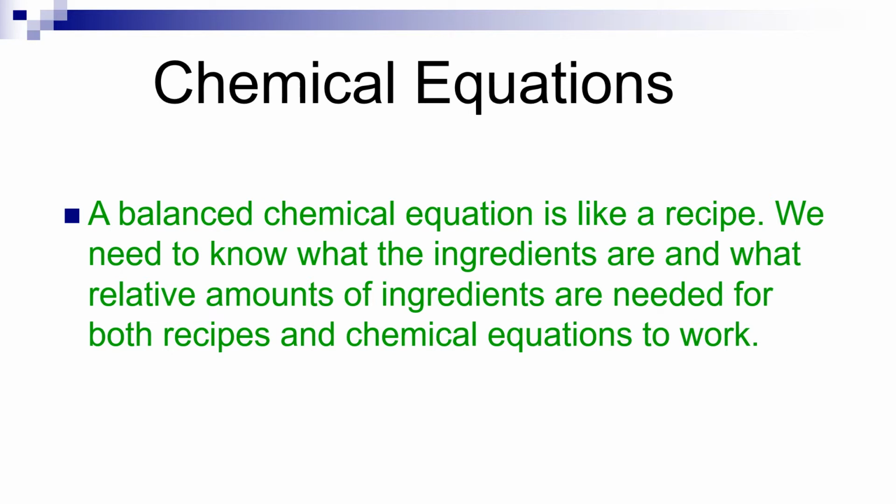So we know that a balanced chemical equation is like a recipe. We need to know what the ingredients are and what relative amounts of ingredients are needed for both recipes and chemical equations to work. If we think about the experiment that we did this week, the molar volume of gases, we reacted magnesium metal with hydrochloric acid, and we produced magnesium chloride and hydrogen gas.